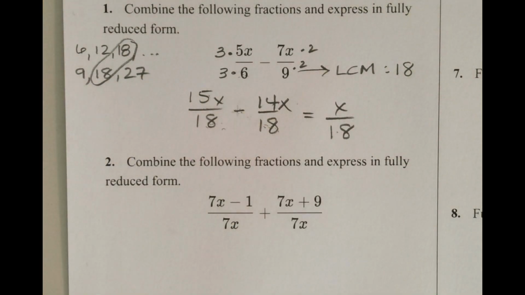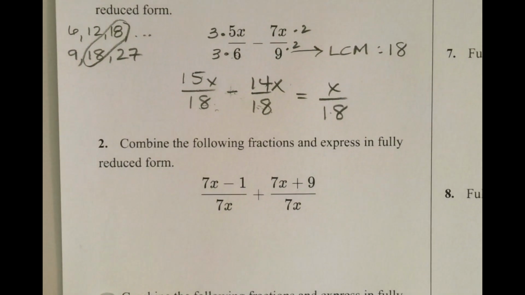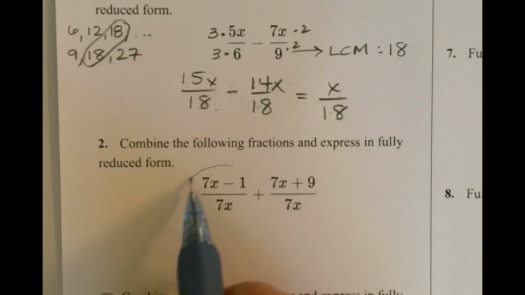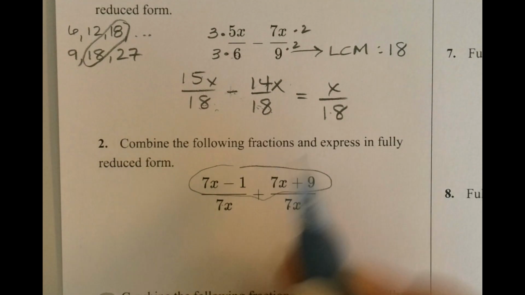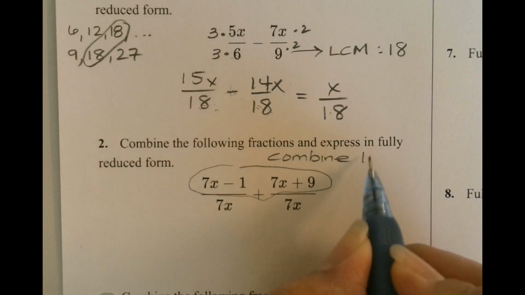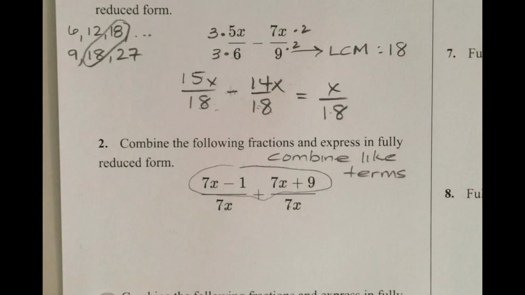Okay, so you'll have examples like number 2 where your denominators are already the same. Once they're already the same, all you're going to do is combine your like terms. So I'm going to give you a second to do that on your own, and then of course put it over the common denominator of 7x.